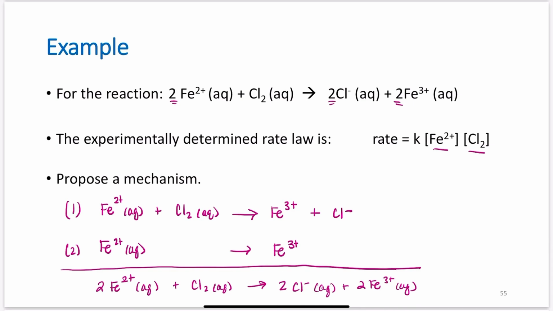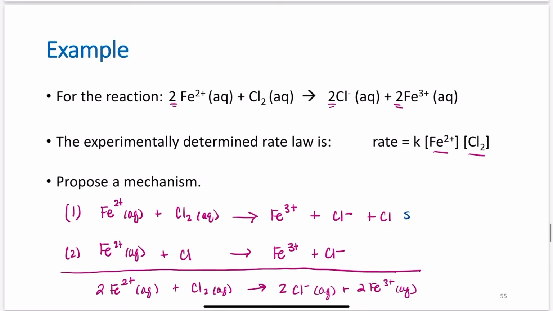But if I took Fe2+ and reacted it with Cl minus, one electron is going to be exchanged here. That's the one electron there, which means what's left is Cl. I don't have Cl in my overall reaction though, so Cl must be an intermediate so it can cancel out. Fe2+ plus Cl, giving me Fe3+ plus Cl minus, exchange of one electron again. This would be my slow rate determining step.